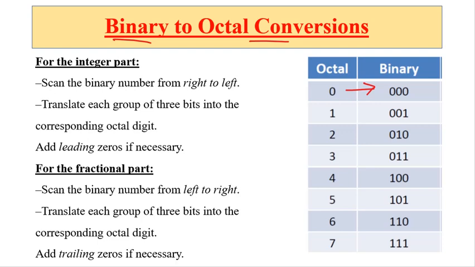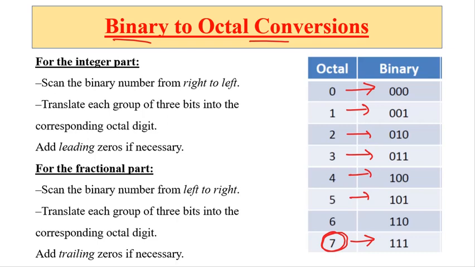Because the maximum digit in the octal number system is 7, and to represent 7 in binary, 3 bits are sufficient. For this reason, each octal digit is converted into a 3-bit binary equivalent.